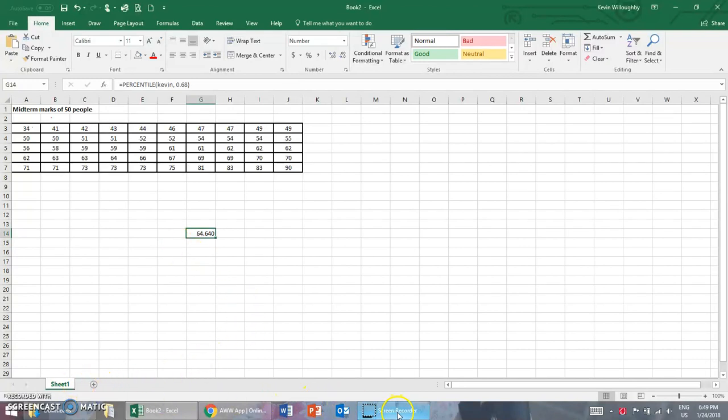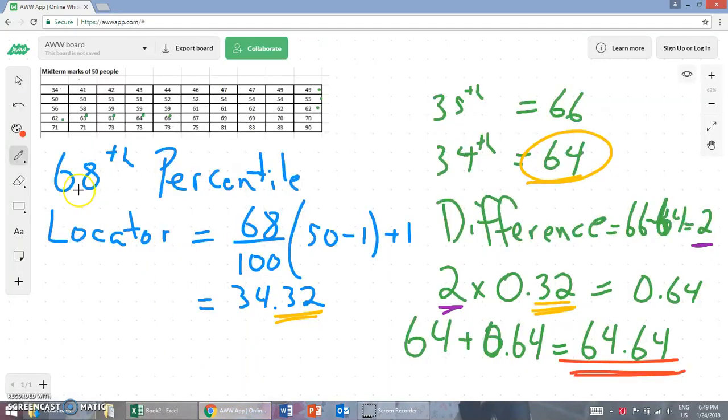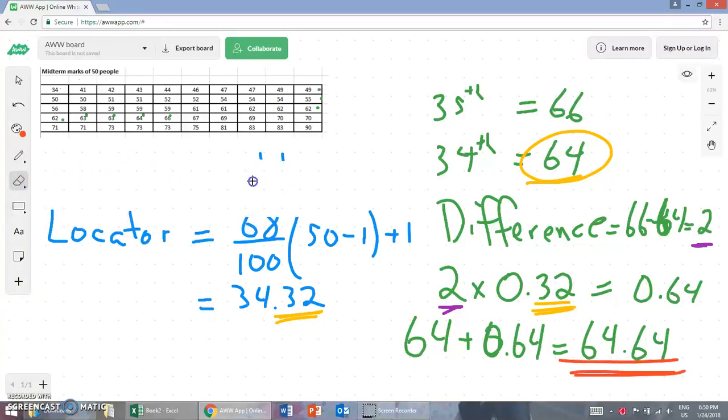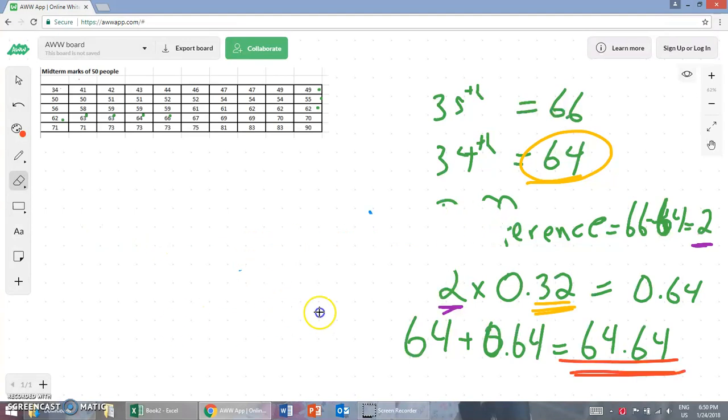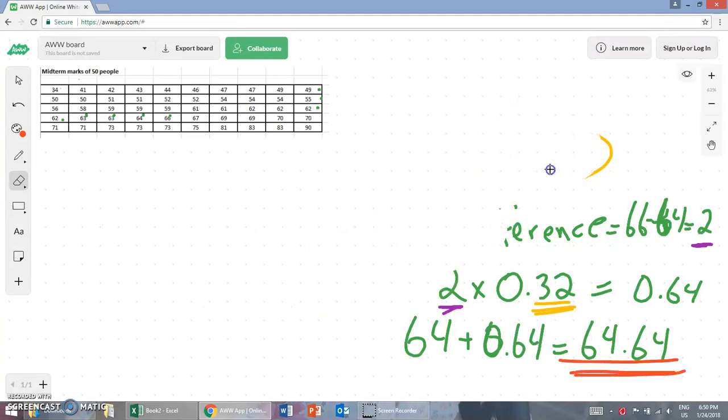So now we know that the 68th percentile equals 64.64. Let's go back to our example and find one more percentile. Let's calculate the 23rd percentile.